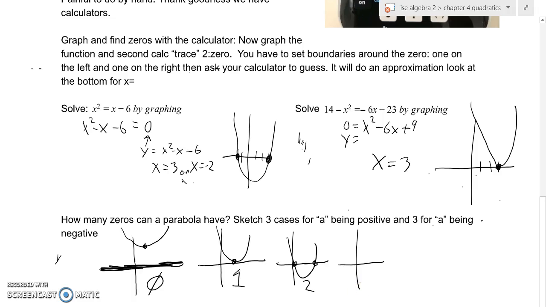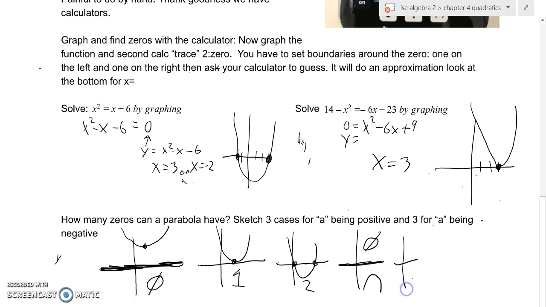If we're a frowny parabola, Mr. Sad Guy says, well, I don't have to cross the x-axis. I could be entirely below the x-axis, and so there would be 0.